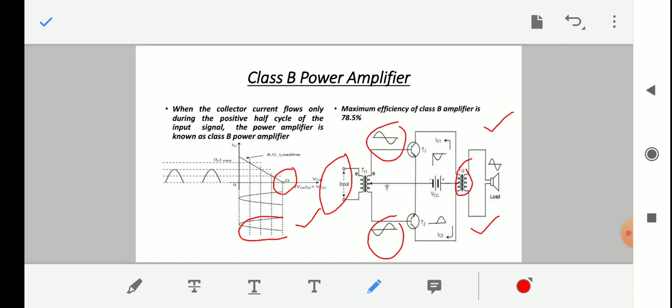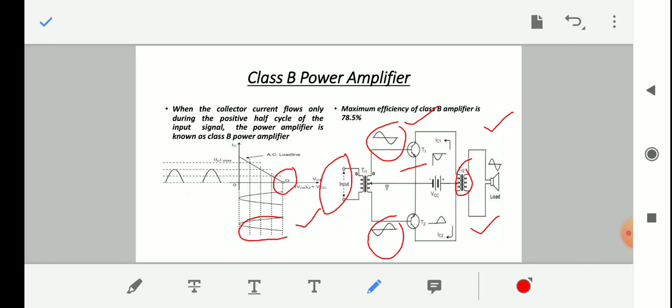Now for the positive half cycle of the input, transistor T1 will conduct whereas T2 will be in off state. Why?